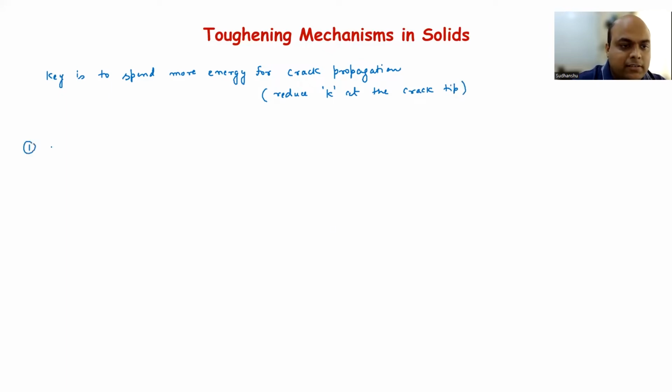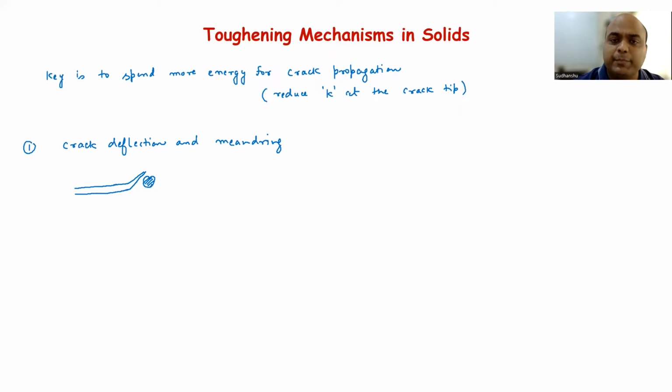So the first is crack deflection, and we discussed this point in metal matrix composites also. So you have a crack and then it is going to deflect if it sees some particles, or some phase. Right.